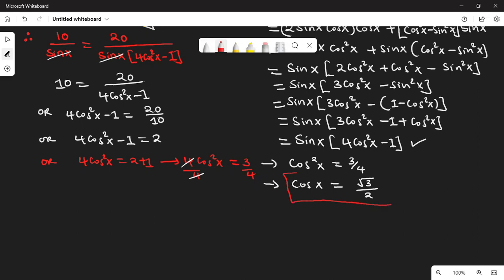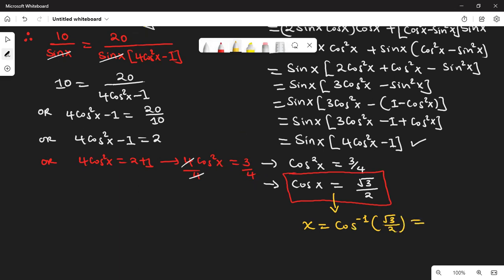So from this equation, we need to be able to find x. So to get x, you take cos inverse on both sides. So x is equal to cos inverse of root 3 over 2.